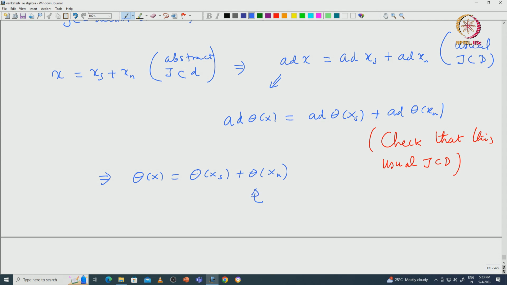So, this is the abstract Jordan decomposition for theta of x. Okay.